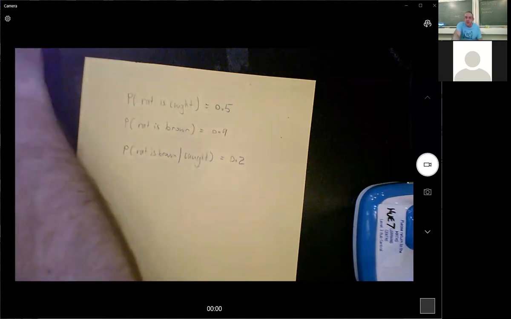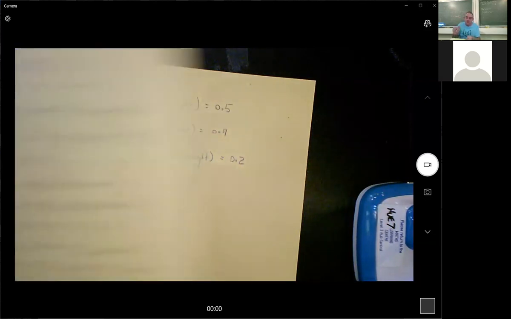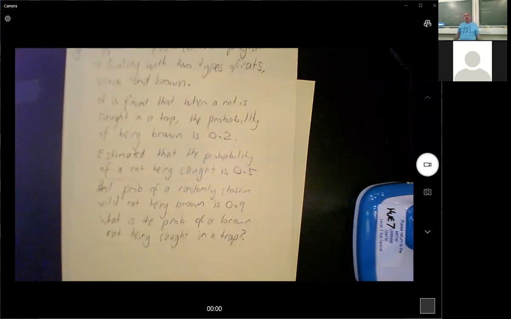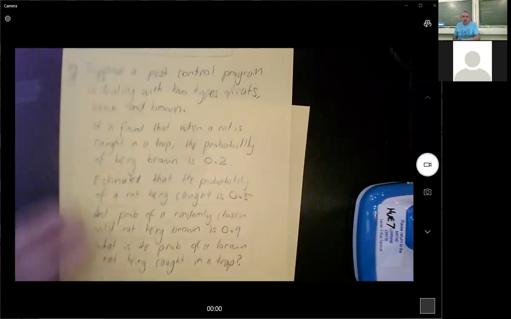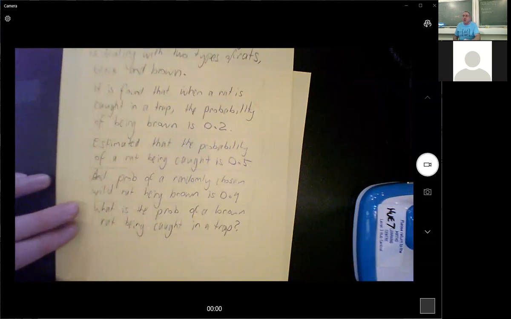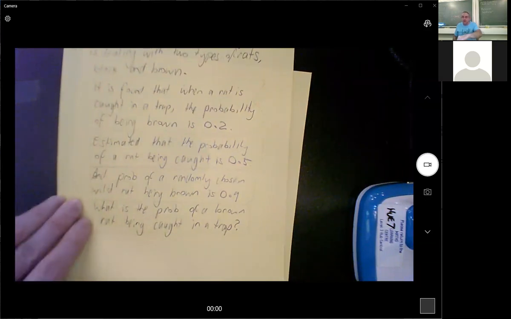So it seems to me this statement here, what is the probability of a brown rat being caught in the trap, could be interpreted as what's the probability of the rat being brown knowing that it's caught in the trap? And that would be just 0.2, which we already have. So they must mean what's the probability of a random rat being caught if it's a brown rat.